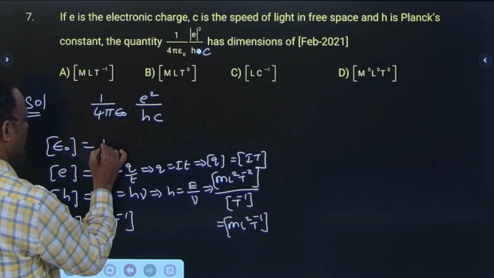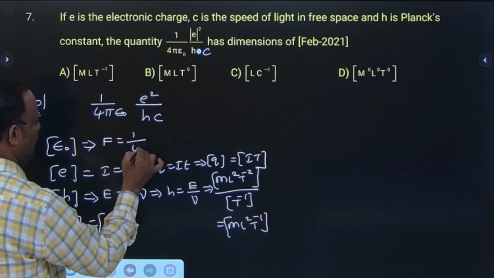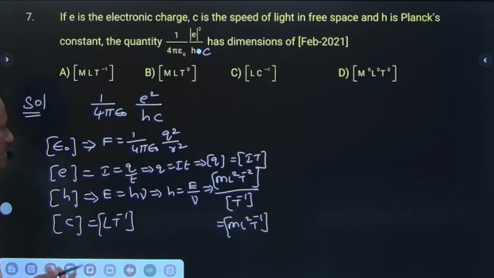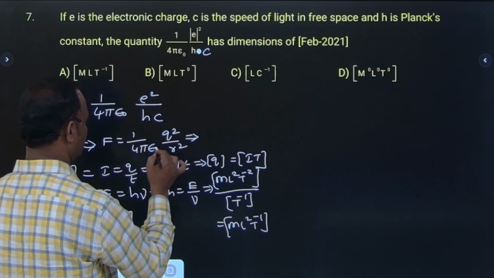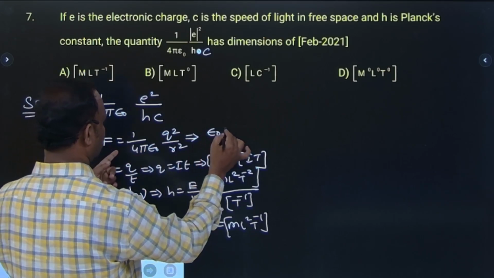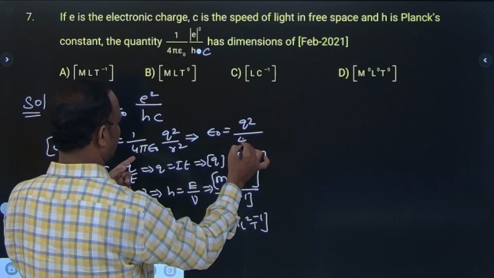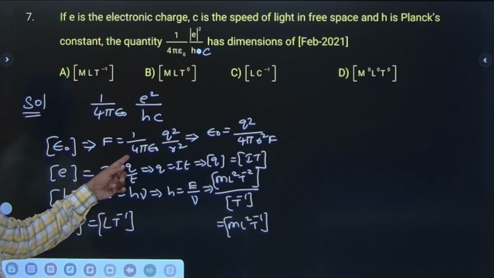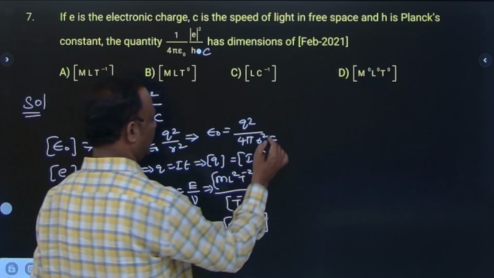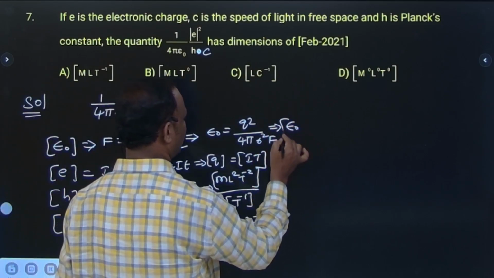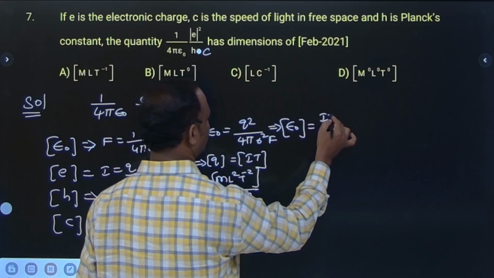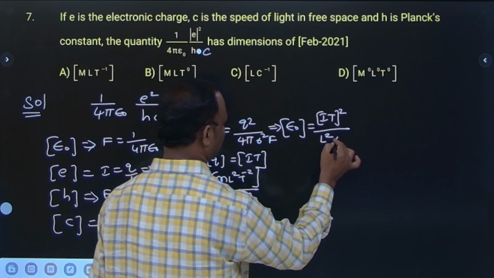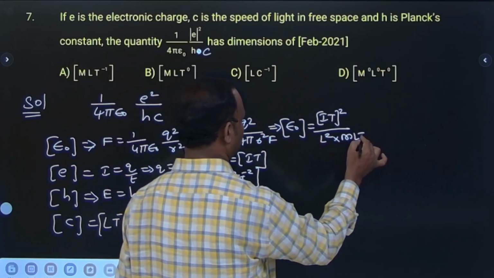Next, epsilon naught. It comes from F equals 1 by 4 pi epsilon naught Q square by R square. So dimensionally, epsilon naught equals Q square by 4 pi R square F. The dimensional formula of epsilon naught is Q square, which is IT whole square, by 4 pi, a constant, times L square, times F, which is MLT minus 2.